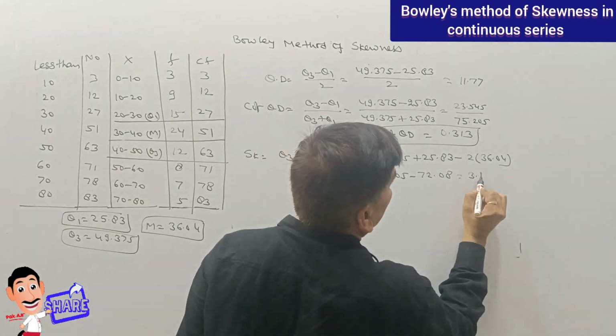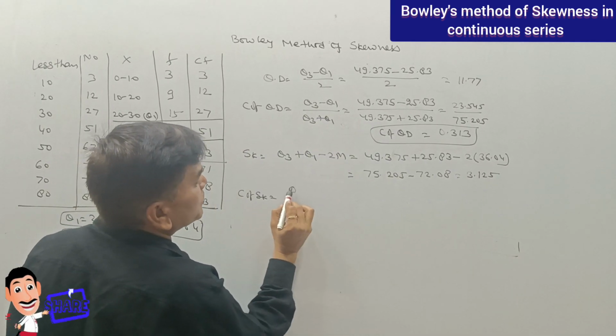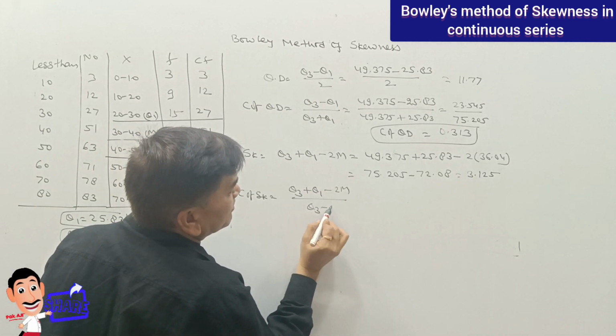So that is 3.125. The coefficient of skewness is Q3 plus Q1 minus 2M upon Q3 minus Q1.